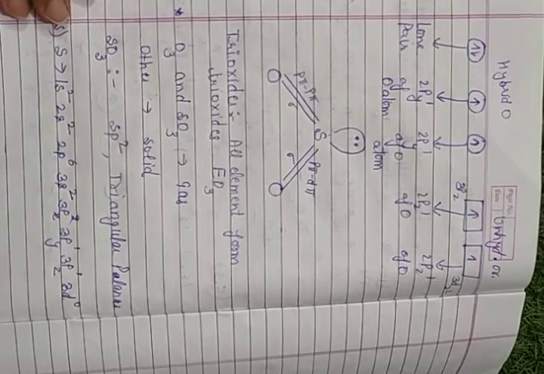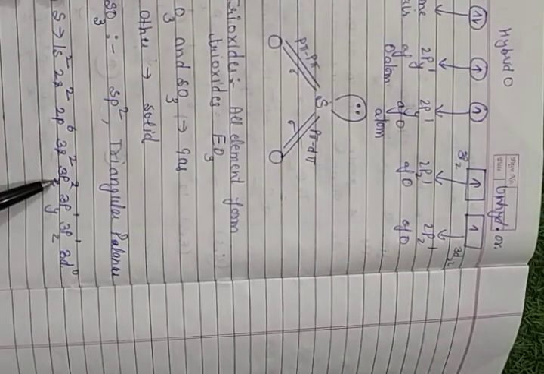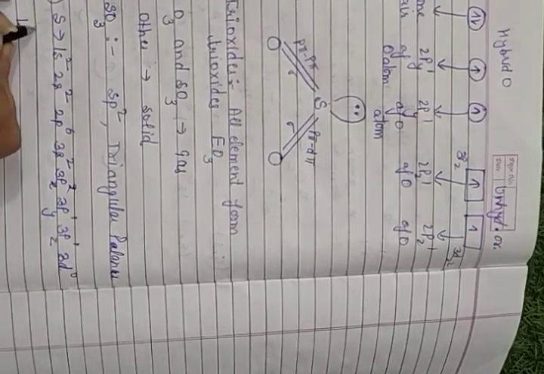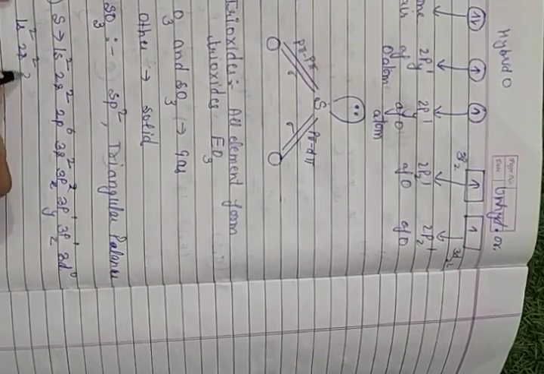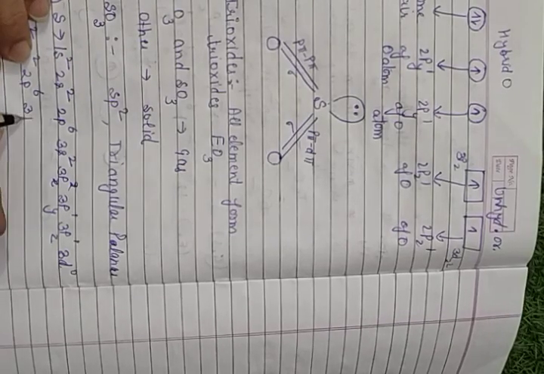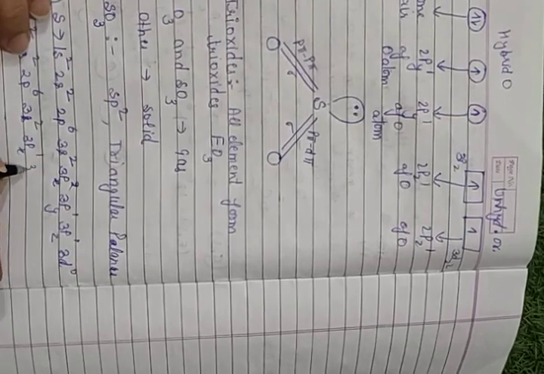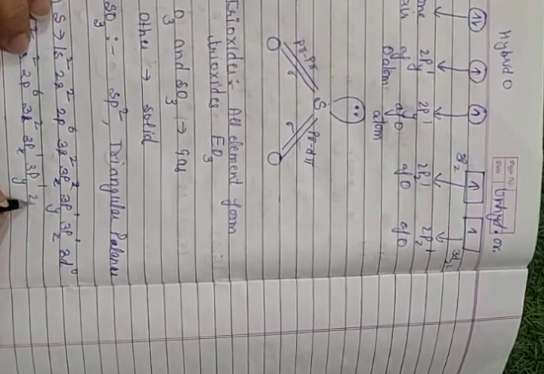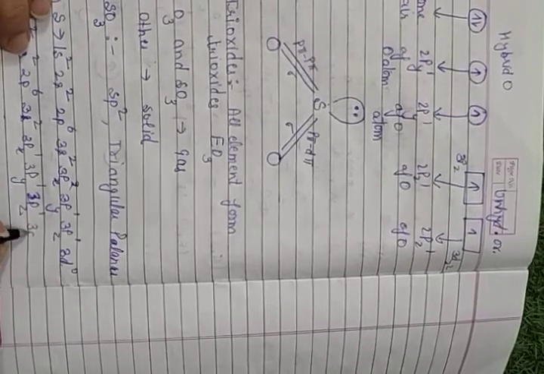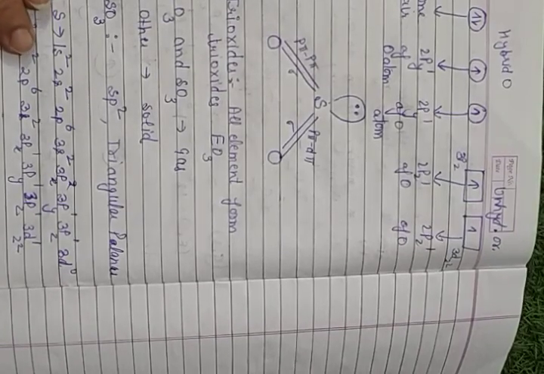Now what about its first excited state? One electron from 3px jumps into 3d and it becomes 1s2, 2s2, 2p6, 3s2, 3px1, 3py1, 3pz1 and 3d1, that is 3dz square.